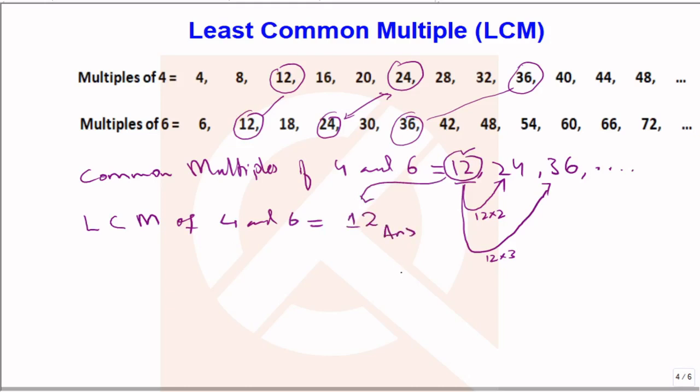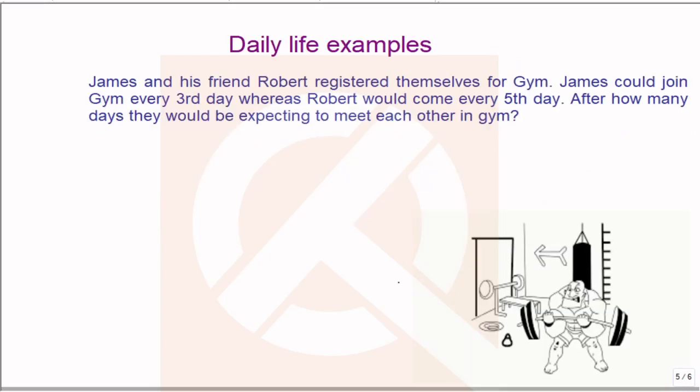Okay. Now we have done the numbers. Now we'll look at how this works in a practical situation. Here is a daily life example: James and his friend Robert registered themselves for a gym. James could join the gym every third day, whereas Robert joined every fifth day.